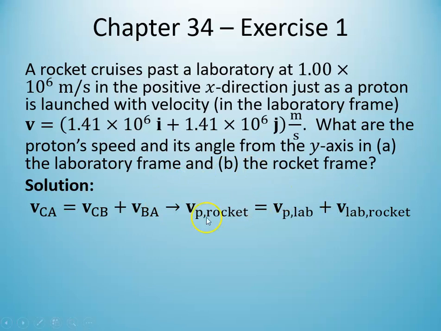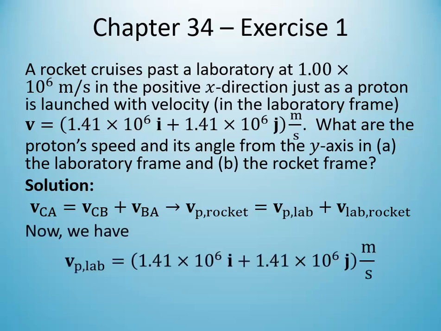So in this case, the velocity of the proton according to the rocket is going to be equal to the velocity of the proton according to the lab plus the velocity of the lab according to the rocket. So that's what we're going to be utilizing in part B here.